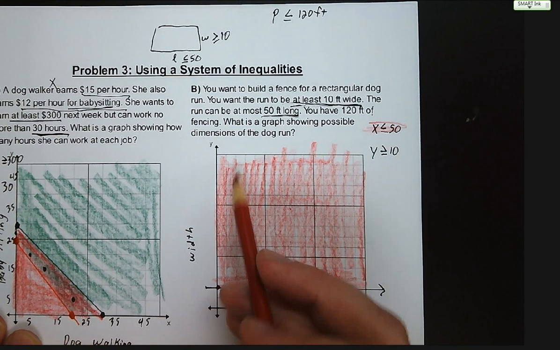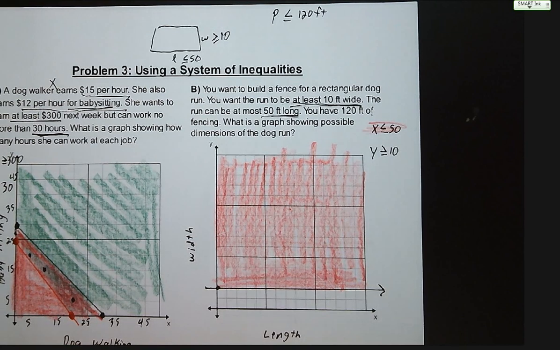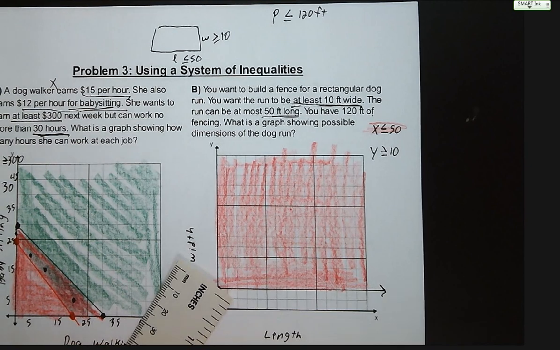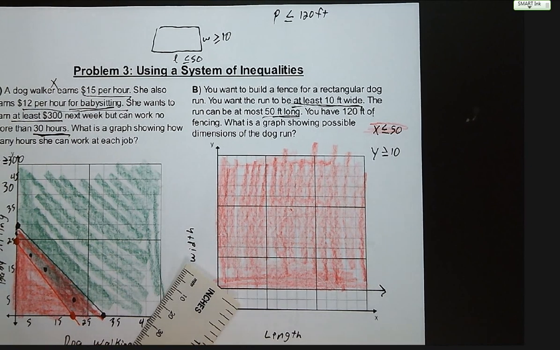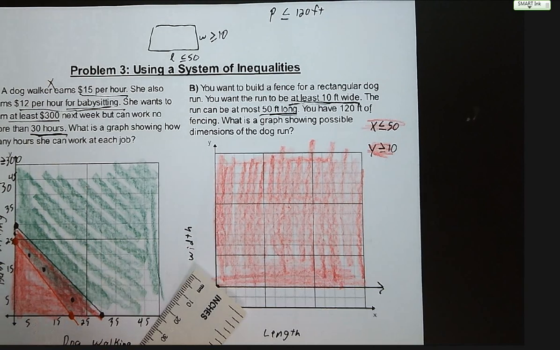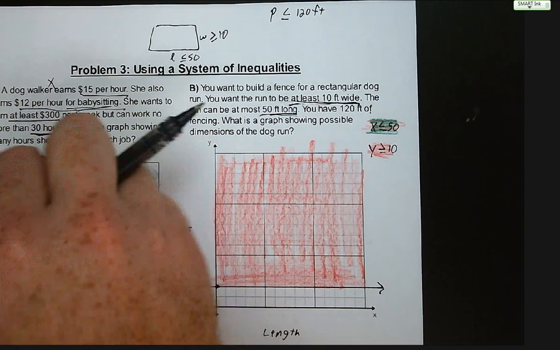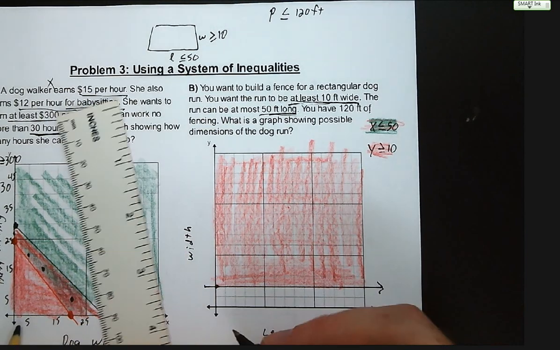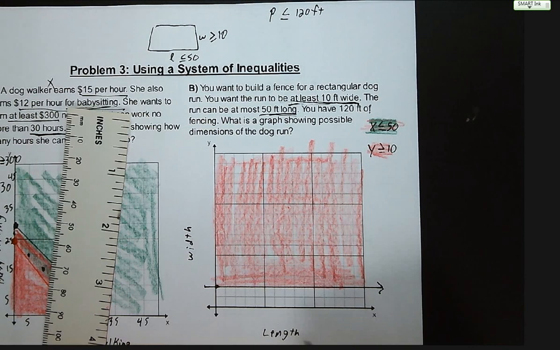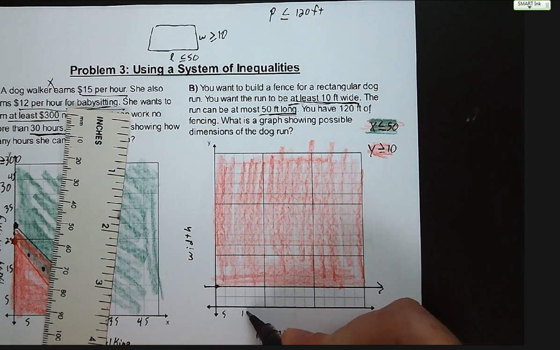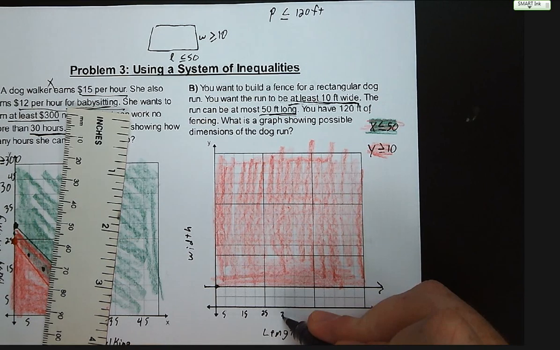All right. Our second one was, sorry, y is greater than 10 is the red one. We're going to do x is less than 50 in green. So we have a point on, oh wait, what did Mr. Bolin forget? Mr. Bolin forgot to put his labels on here. He has them on his sheet, but he doesn't have them on yours.